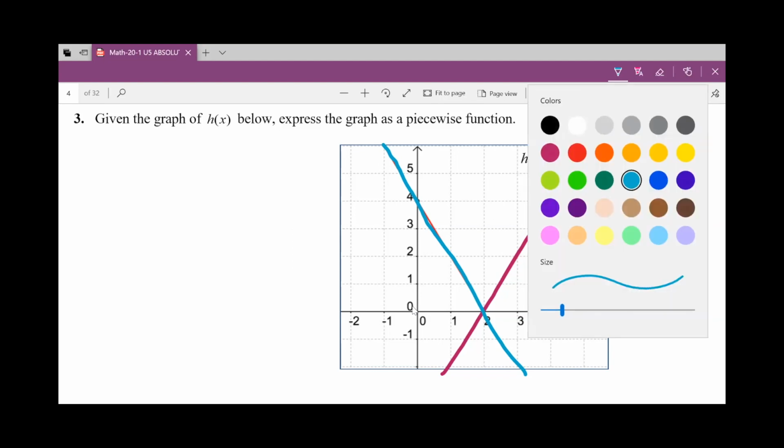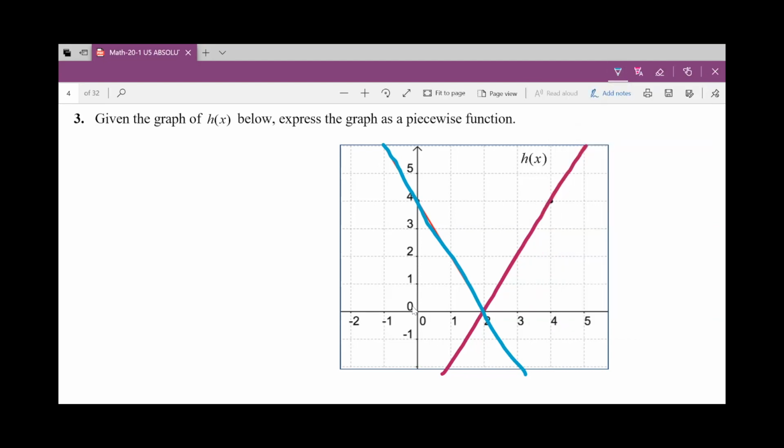So let's go back here and look at blue, and let's change pen sizes. All right, so let's call this h of x sub 1, okay? That's the first option. And then we'll call the other one h of x sub 2. There's two different options. If h of x sub 1 was the original, then the absolute value would have been negative 2x plus 4. Now, how did I get that?